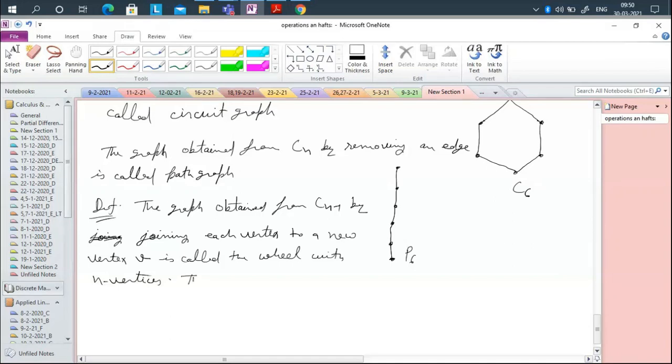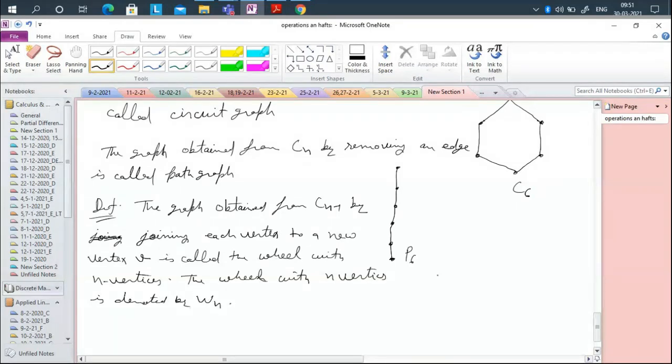The wheel with n vertices is denoted by Wn.